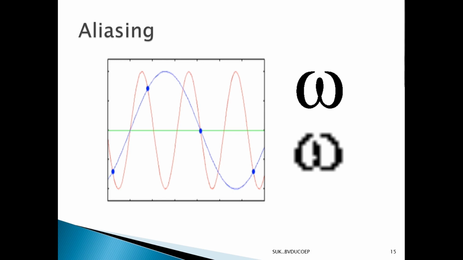The number of samples should be more, then only you will get a clear image, clear picture or clear music, or whatever it may be. So to avoid aliasing, by Nyquist, the sampling frequency should be double the highest frequency component present in the system.